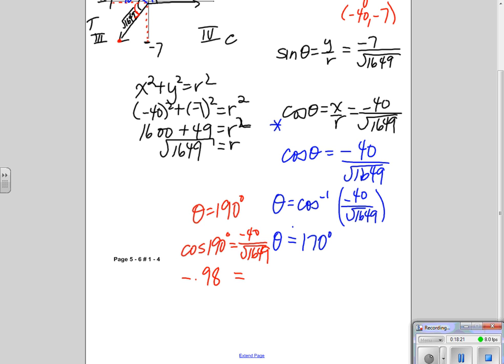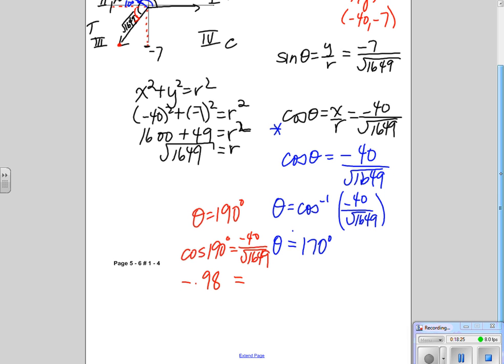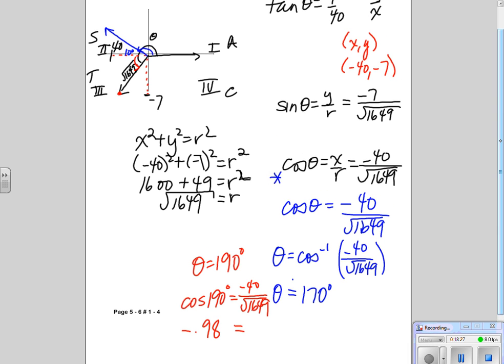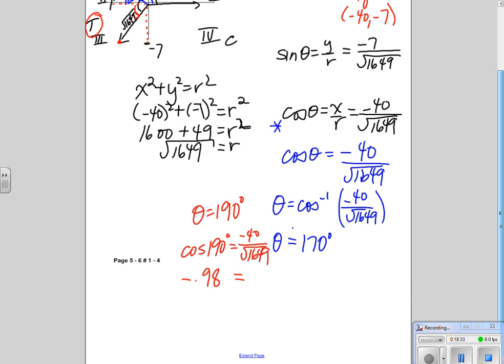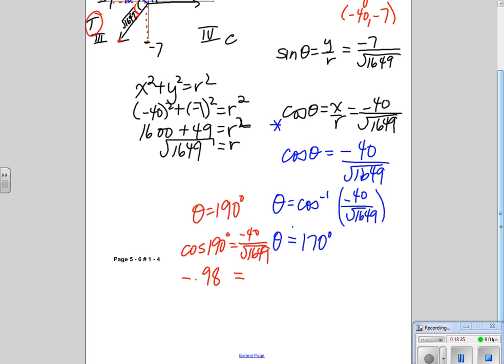I typed cos 190 into my calculator and I got negative 0.98. It makes sense that the cos of 190 would be negative. Only tan is positive in this quadrant. I typed in minus 40 divided by root 1649 and I got negative 0.98. So we have found the right answer.